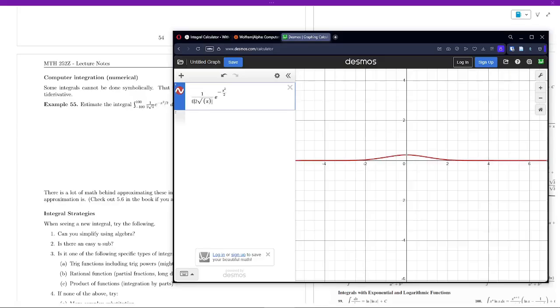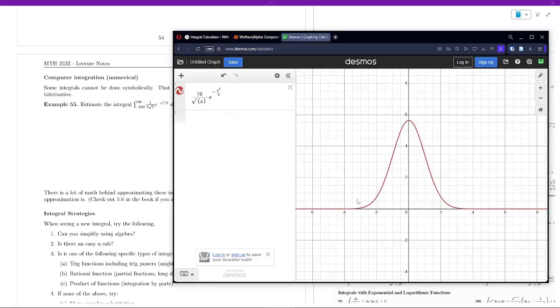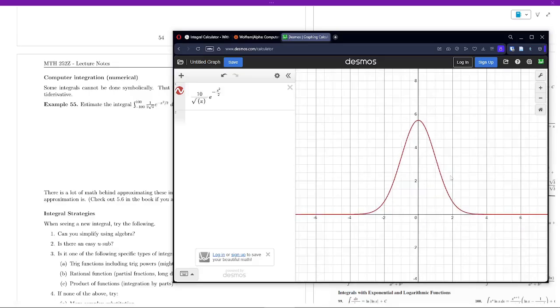If I make this a 20, it's flatter, but if I make it smaller, like 10 up here, it gets sharper. So this is the classic bell curve from statistics. It's used all the time for modeling real life things, population samples and statistical things. So it's not just a weird math thing. People actually need to do this in real life.